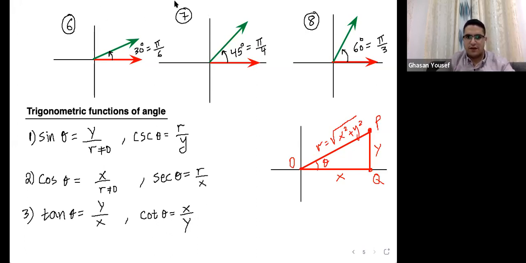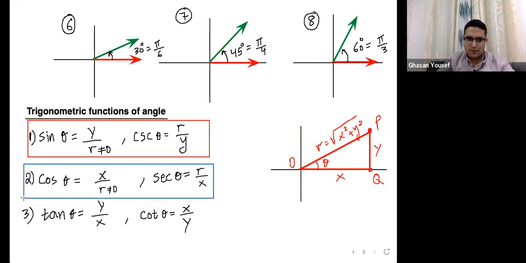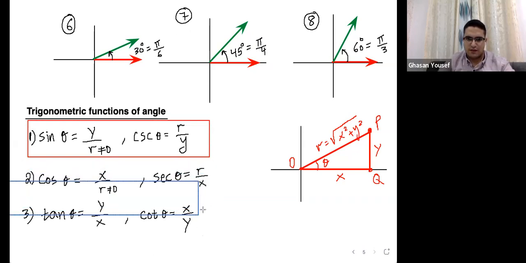So I define the ratios as functions now. The sine, the cosine, and the tan function. This is the sine function, and this is the cosine function. So I define it as a function, not a ratio. And the last one is the tan function.